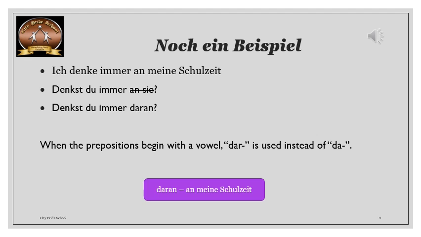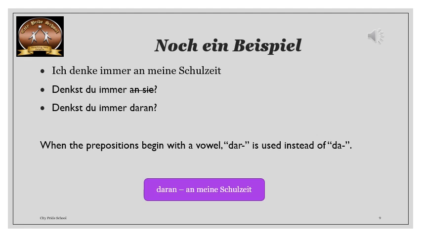Now remember here da plus preposition is used, but similar like wo plus preposition, if the preposition is starting with a vowel, when the prepositions begin with a vowel, dar is used instead of da. So here R is used between da and the preposition an.